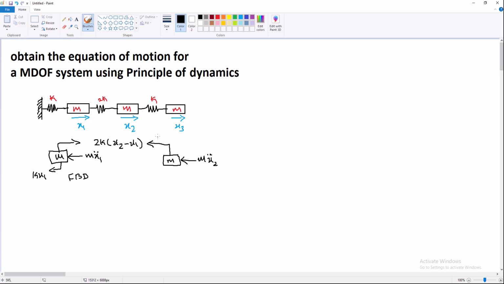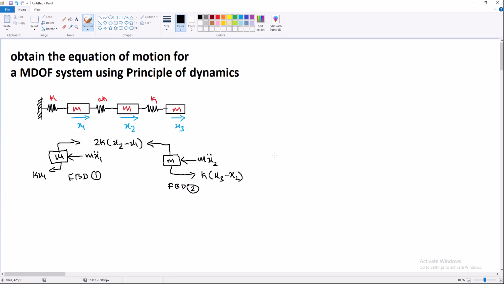The second mass is connected to the previous mass and the next mass, on either side, so there is one more force in this direction, which is k times (x3 minus x2). This is the free body diagram of the second mass.